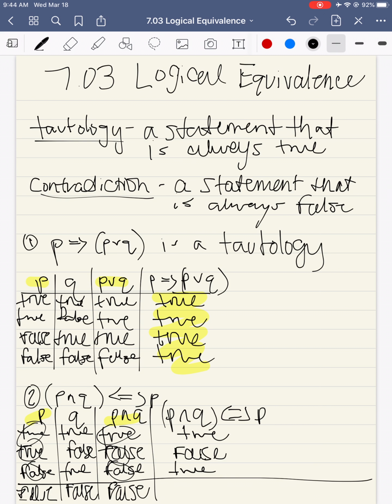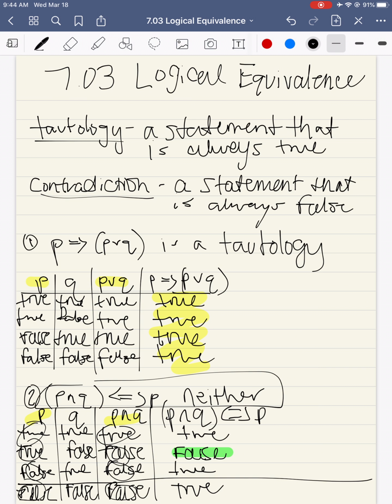And then we have false if and only if false, so that is also true. So as you can see here, we were almost a tautology. However, we have this one false here. So this is neither a tautology or a contradiction.